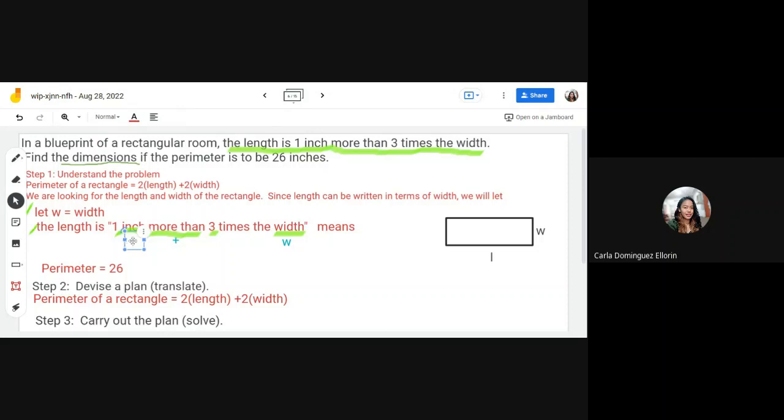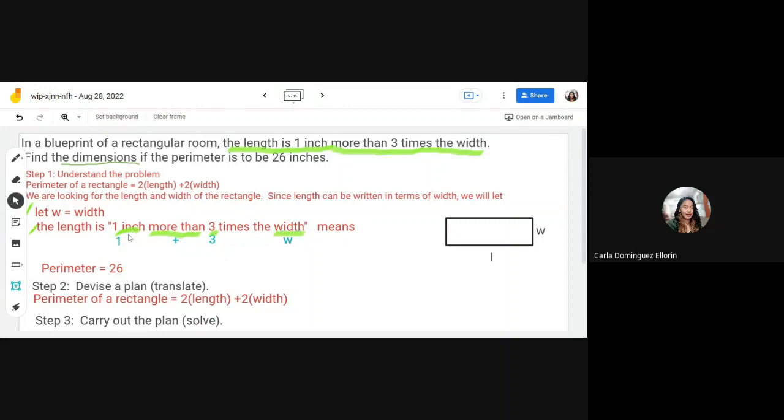So 1 plus, and then we have 3 times, that is multiplication. Okay, baka ma-confuse kayo sa X. And okay, so that is our length.